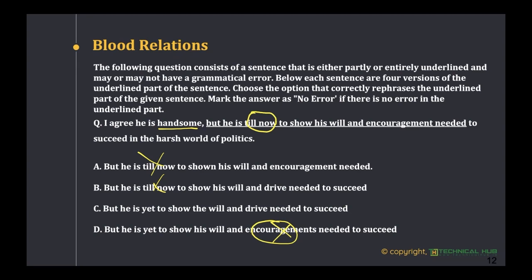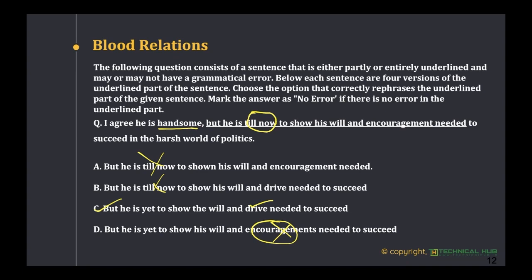So option C is the right answer over here: I agree, he is handsome, but he is yet to show the will and drive needed to succeed. Options A, B, D fall under the wrong options.